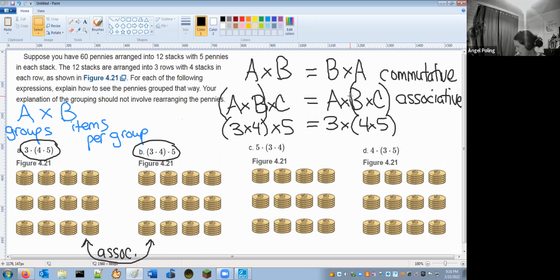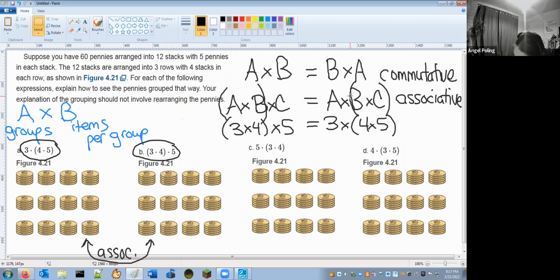Okay, let's see. And then between C and D, then we can see some commutative property, right? Where a term actually physically moves. Here we have, let's see, 3, 4, 5.